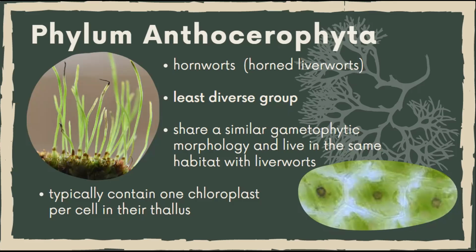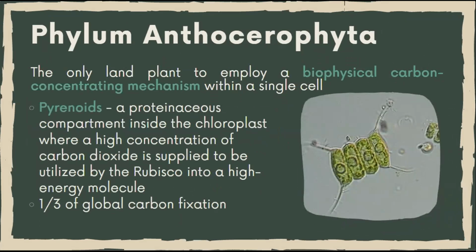Hornworts typically have only one chloroplast per cell in their thallus, and similar to green algae, hornworts' chloroplasts contain pyrenoids where starch storage is concentrated. Pyrenoids are non-membrane bound organelles that are compartments inside the chloroplast with a high concentration of rubisco, which helps in facilitating a 50-fold increase in carbon dioxide.